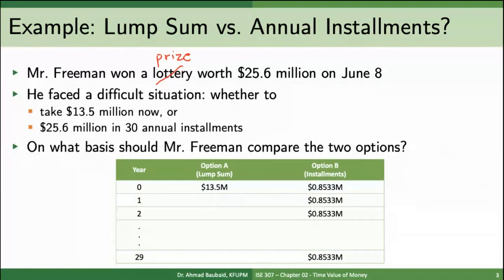Now, I want someone to share why you would choose option A, for example, over option B, and then someone to share why option B would be the preferred option. Before we do that, notice that this amount is kind of half the total prize.